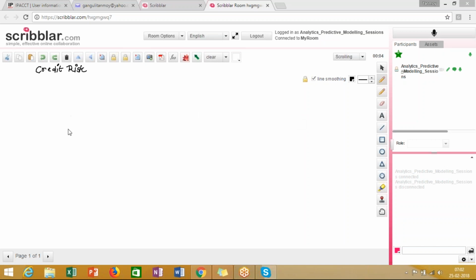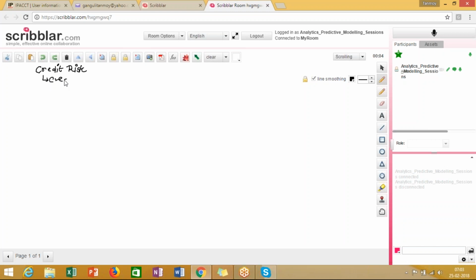So over here, talking about credit risk, what we want to do is first break this word down into two parts. This word can be broken down into two halves. One is credit, and the other is risk.